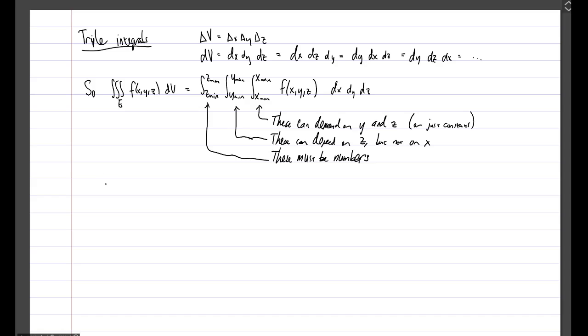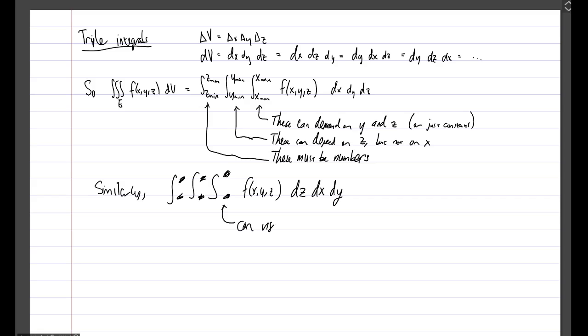So similarly, just to illustrate the same point again, let's say you have integral from something to something, integral from something to something, integral from something to something of f of x, y, z. Let's say the order is now switched to be dz dx dy. So the innermost integral is the z integral. Then your z min and max can mention x and y if you want.